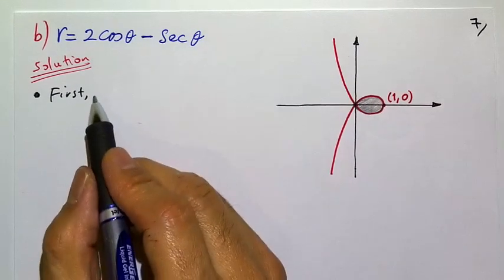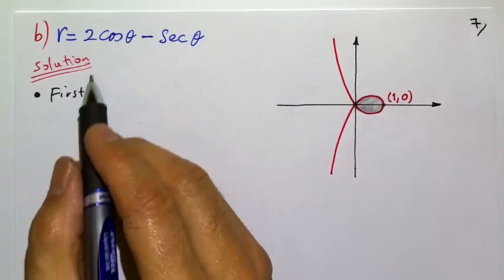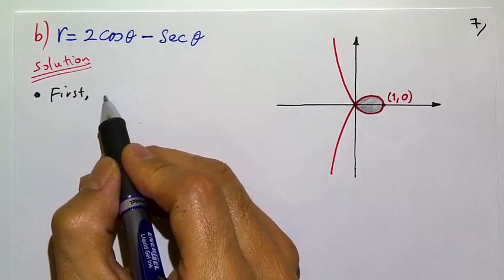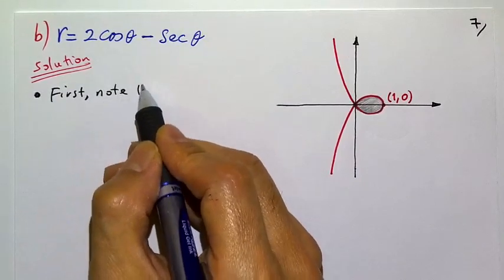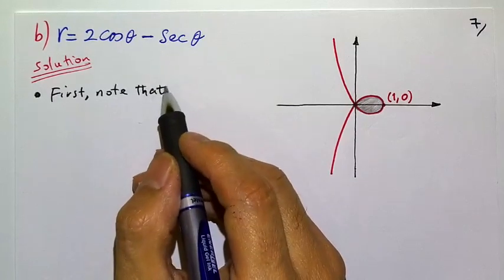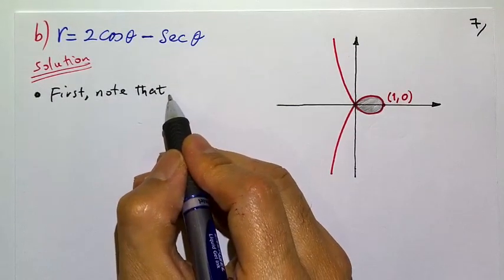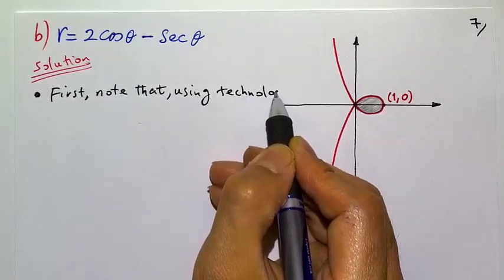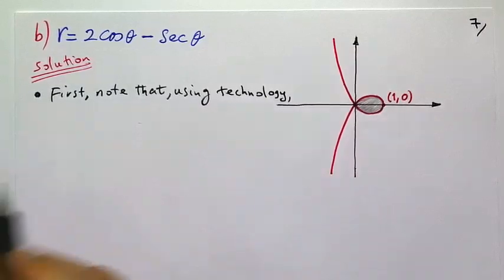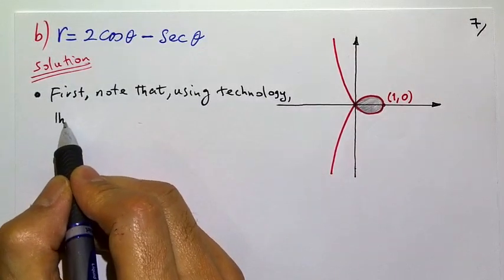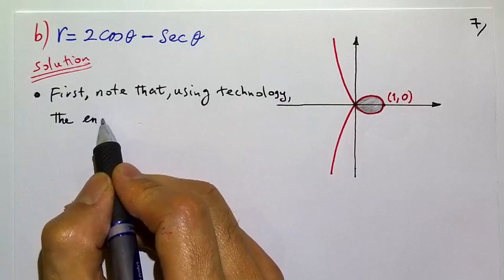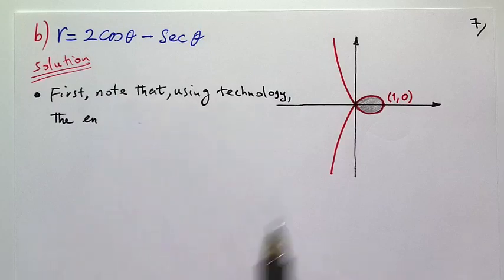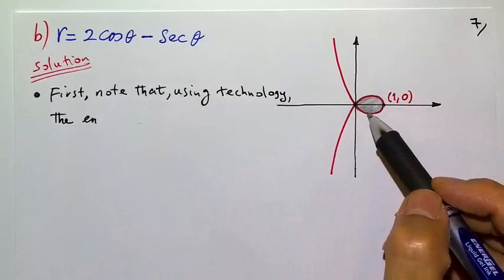So with technology, you can see that this is happening between 0 and pi, and let me make a note of that. Using technology, well, no, sorry.